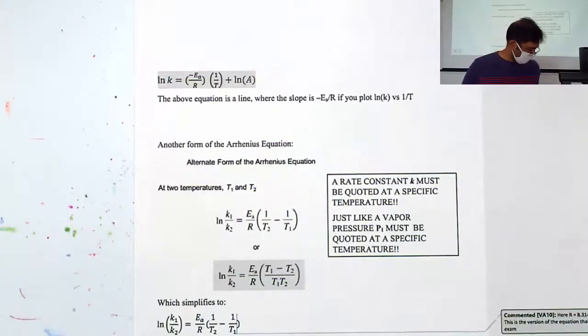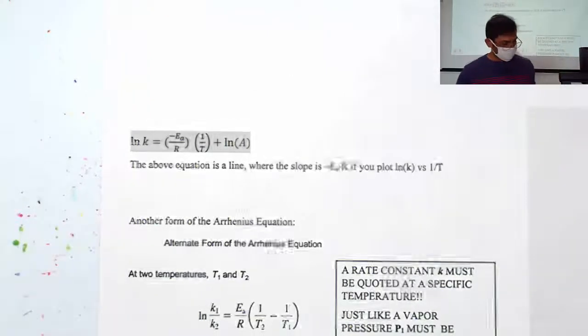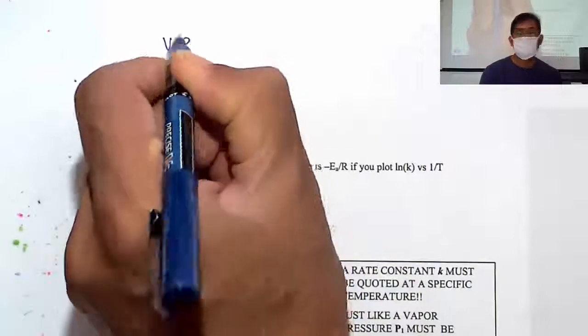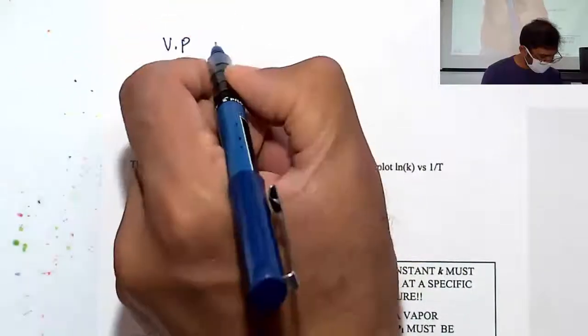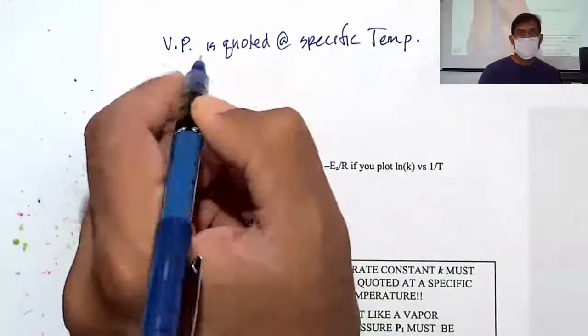One major theme that I was harping on is this idea of temperature. So what are some of the things we learned in this class that are quoted at a specific temperature? One of them, if you remember, is vapor pressure. Vapor pressure is quoted at a specific temperature.